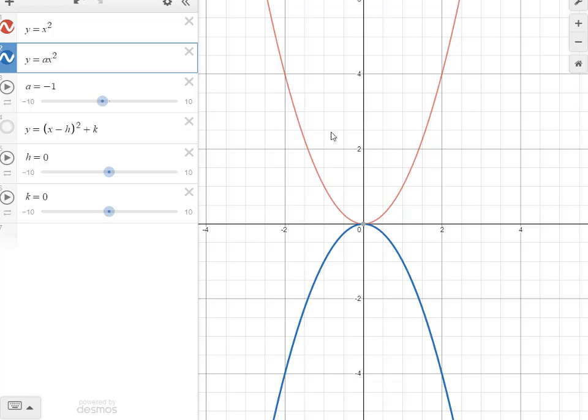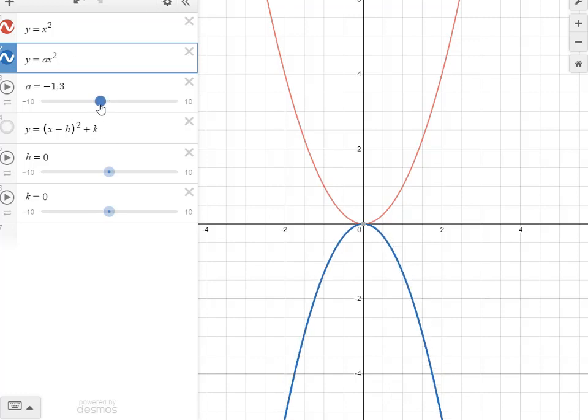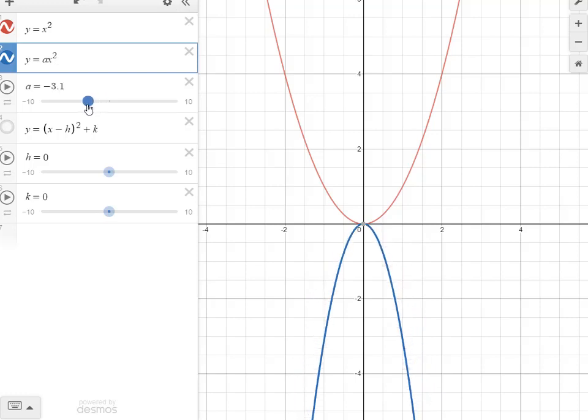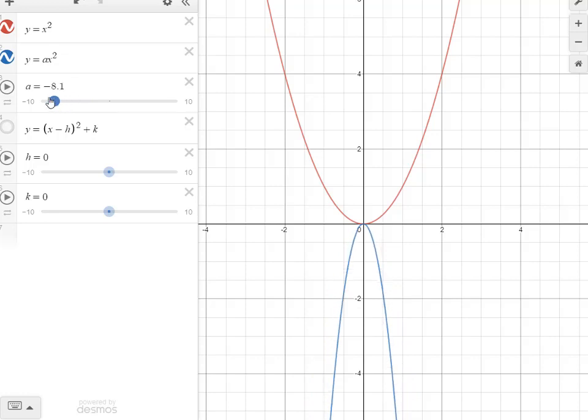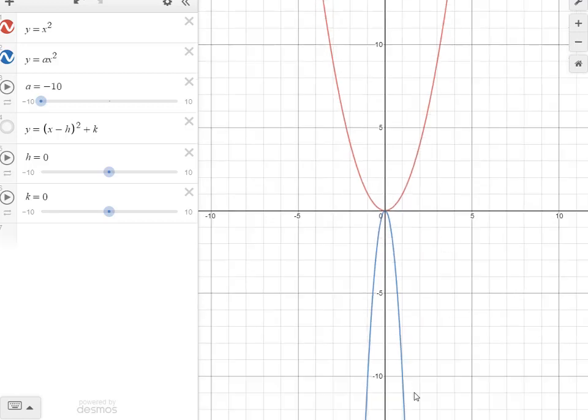There it is. Perfect. And if I want to stretch this, I would decrease it, making it a greater negative value. So if I have -10, when I go to 1, it'll be -10. So if I zoom out, I should have 1, -10 as my first step. It's not perfect.